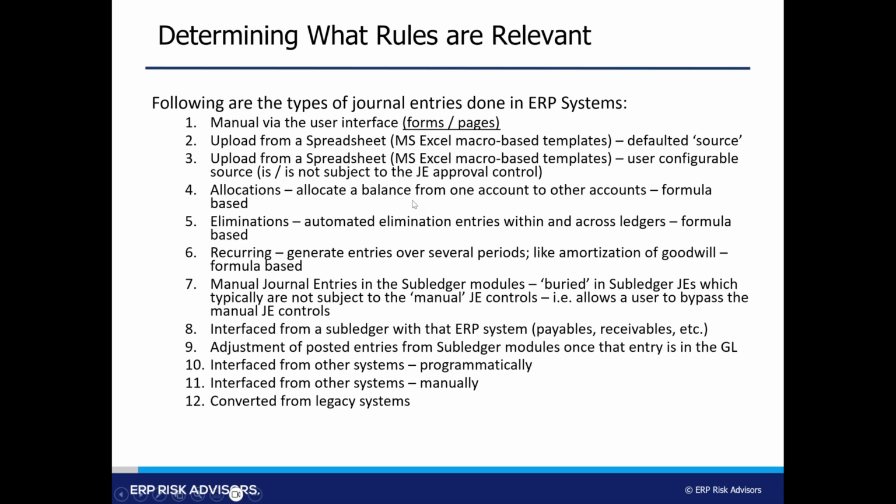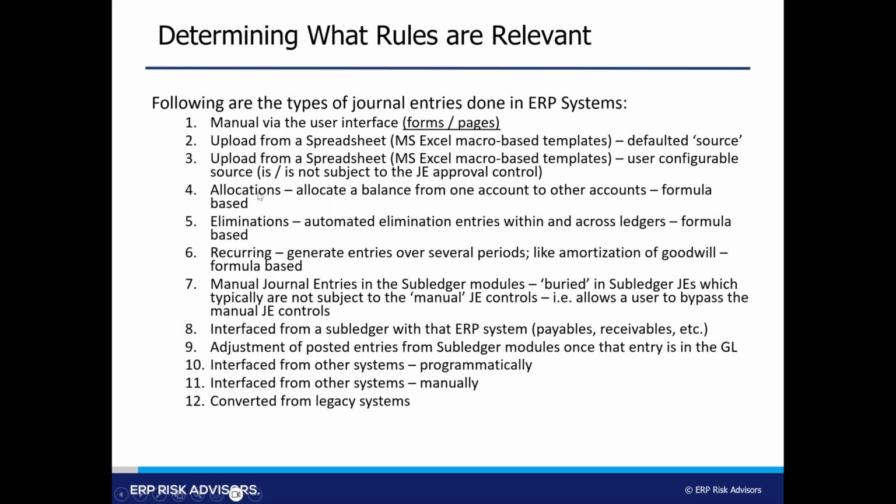Allocations are formula-based activities, often used to allocate balances or create recurring journal entries. But that is another privilege that needs to be secured, and controls need to be defined associated with that. That is really not even a manual or non-standard journal entry. It is a specific type of allocations, I guess is the way to think about it.